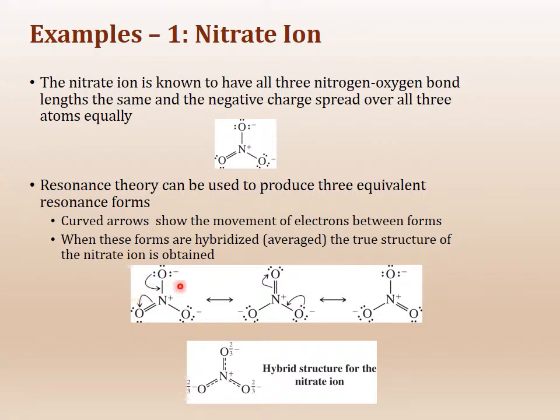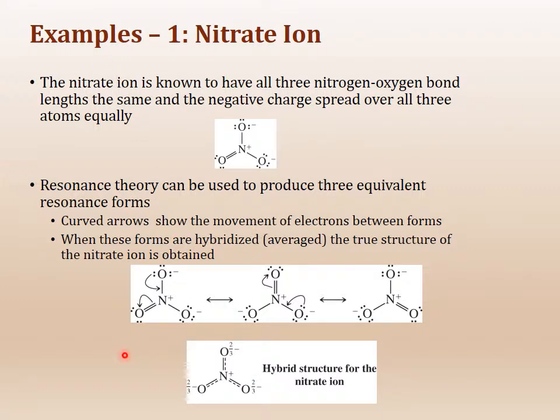That is because the electrons during resonance are moving so fast that the bond doesn't really know whether it is a single bond or a double bond. So the switch is so fast that the bond is an intermediate between a single and a double bond, which means that the bond length is an average of the single bond and a double bond in the final hybrid structure.